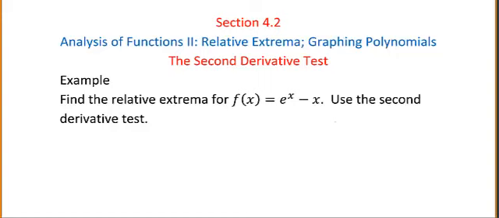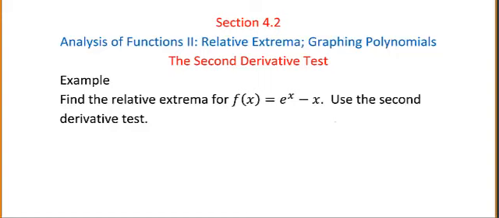The second derivative test allows us to decide whether a critical point where the first derivative is 0, it's important that it's not where the first derivative is undefined. It doesn't work for those. Where the first derivative is 0 allows us to decide whether those critical points locate relative extrema or not. So let's look at this function.